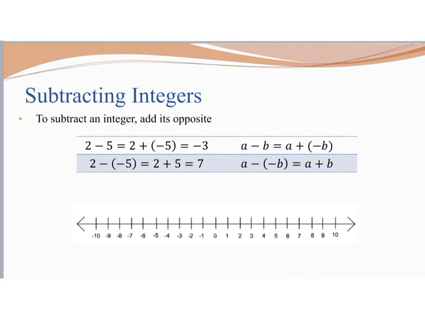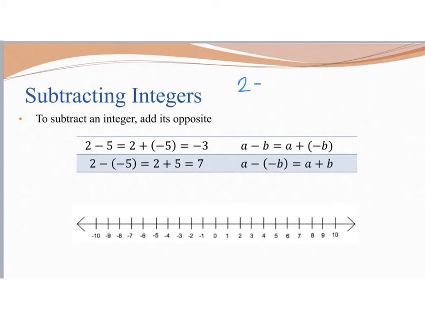Some people prefer to do addition over subtraction. So if you are one of those people, we can actually change subtracting into adding by doing what we call adding the opposite. Okay, so if you have a case like this where it says 2 minus 5, what we can do is we can actually change that, and I'm just going to write this in the top here.